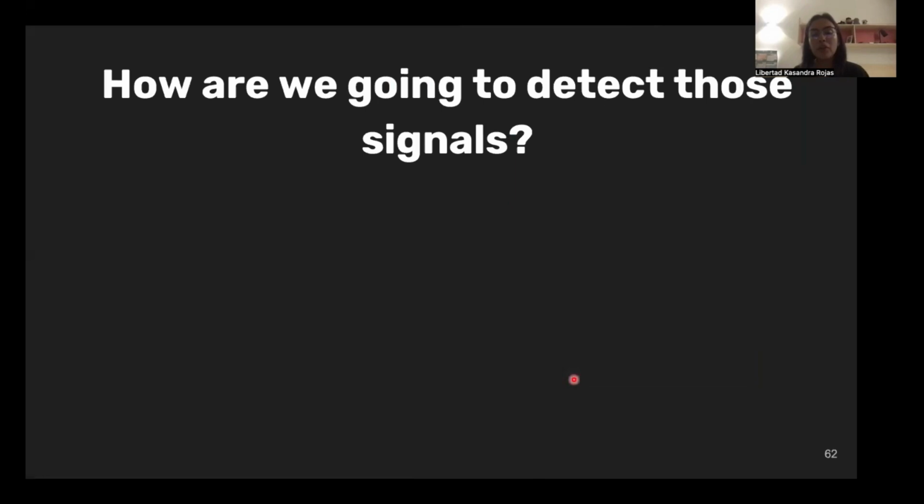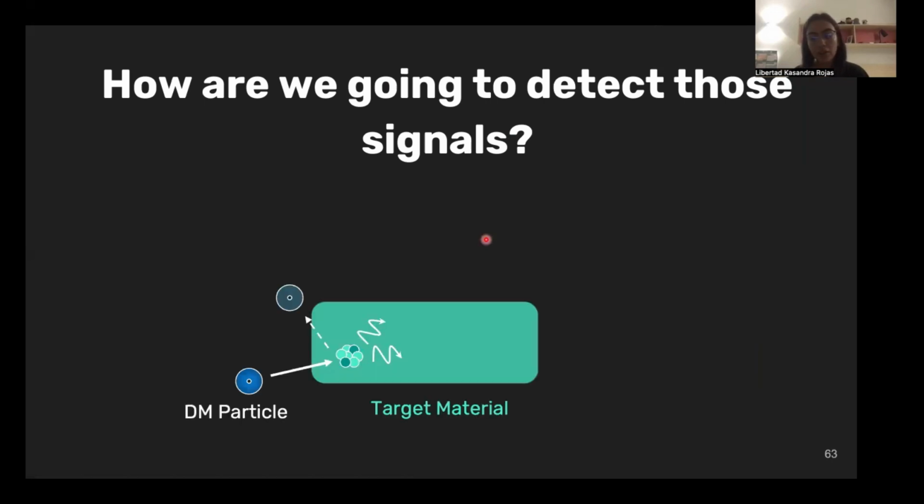How are we going to actually detect the signals? For this, I'm going to divide things into three parts. First of all, like I said, we need something that acts as a target material. We need something that's going to be able to collide with the hypothetical dark matter particle and generate a signal.